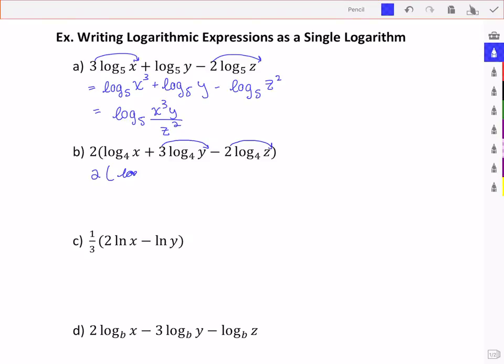So I've got 2 log base 4 of x plus log base 4 of y cubed minus log base 4 of z squared. Then continuing to work inside the parentheses, I could have log base 4 of x y cubed over z squared.